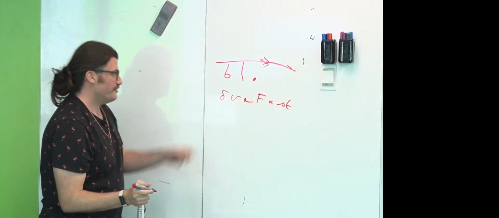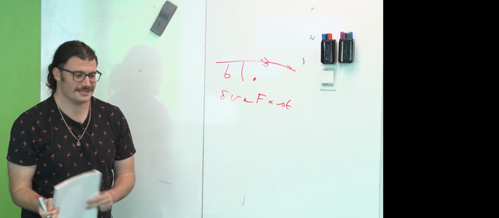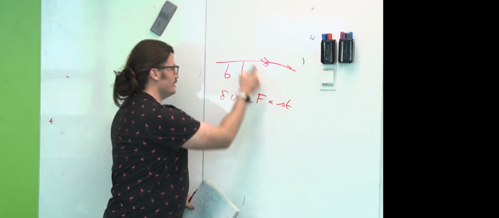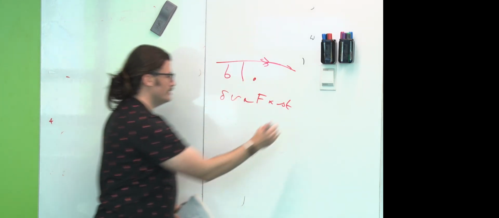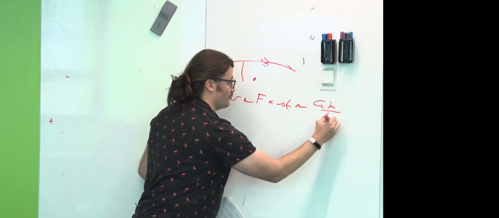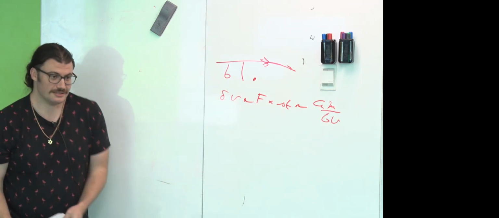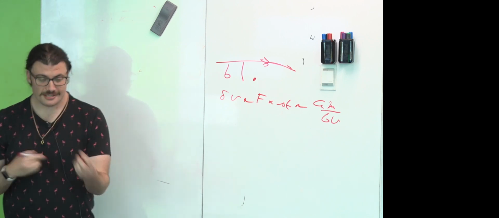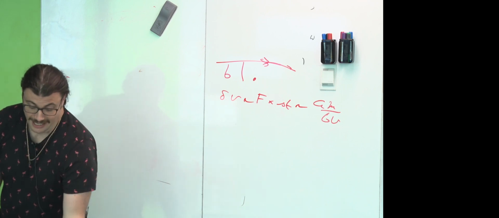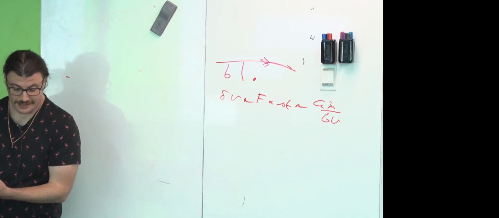The force is just gravitational force, so it's just GM over b squared, and this time is b over v. So roughly it is going to be GM over bv. That's the kick in velocity, or energy, or whatever you want, that we're getting after one encounter.